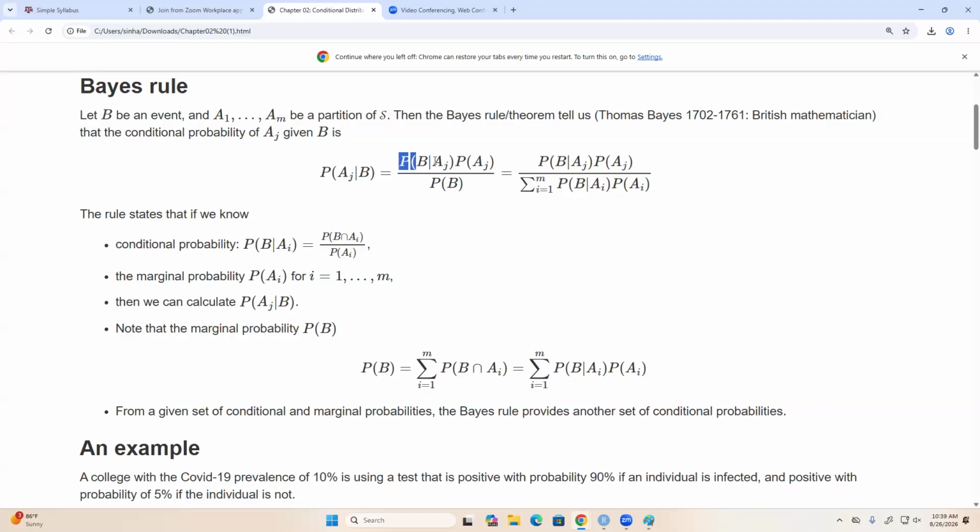In the numerator, you have B given A_j: B is our data y given parameter theta, times the probability for theta, pi(theta). The denominator is the marginal probability of B, which is analogous to our data. This is the connection between the posterior density and the Bayes rule.